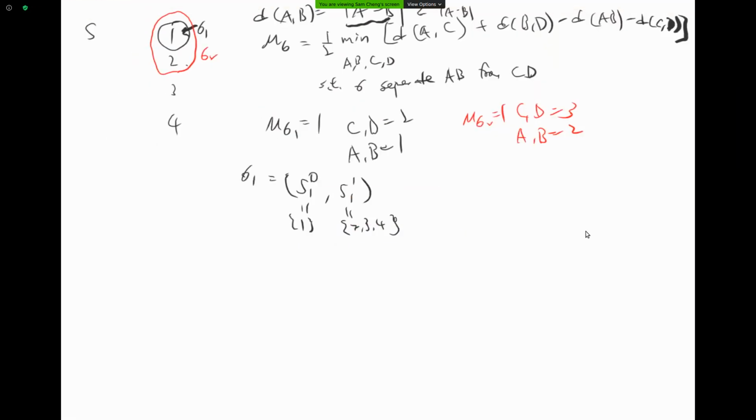So for here, sigma 1 and sigma 2 are both compatible. And I can find another sigma. If I take 1, 2, 3, 4 here, I can have a sigma like this, sigma 3, and you can easily verify that mu sigma 3 is equal to 1 as well.